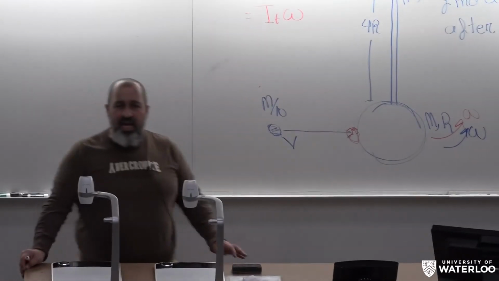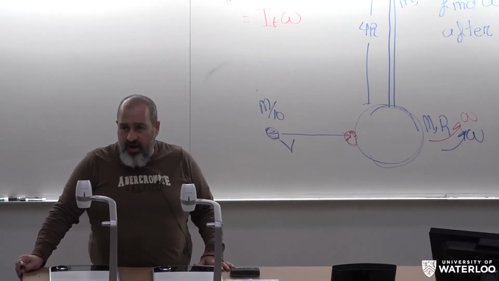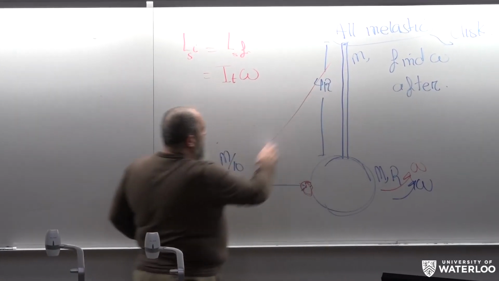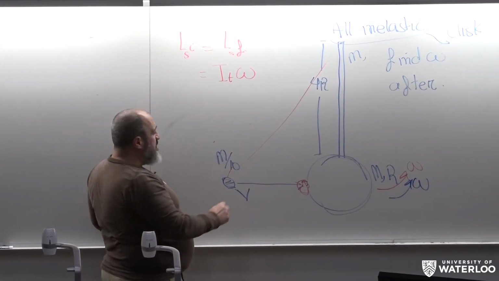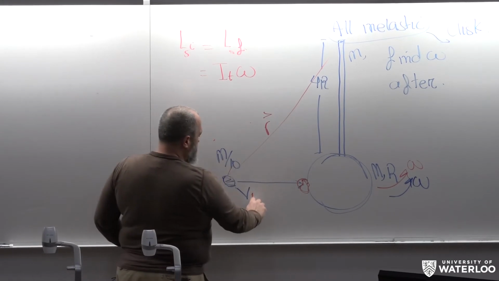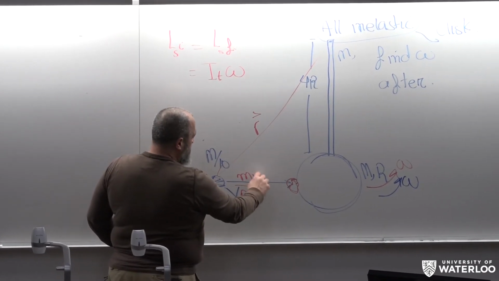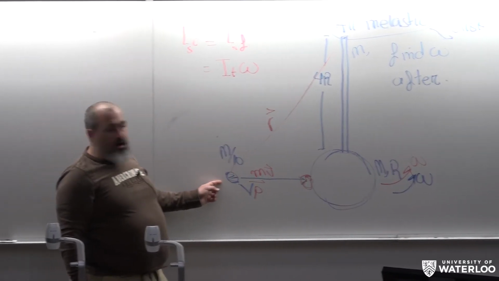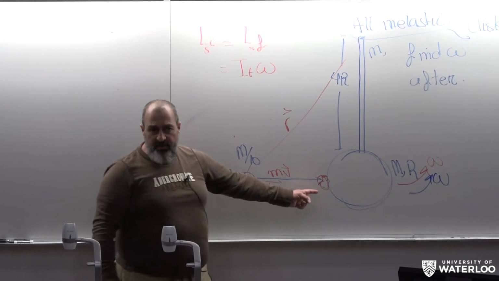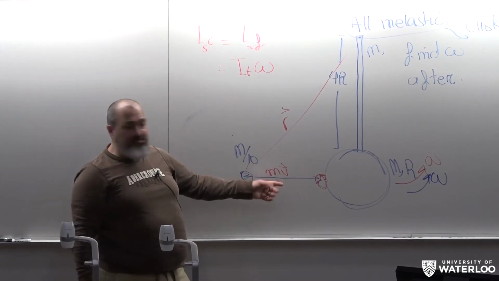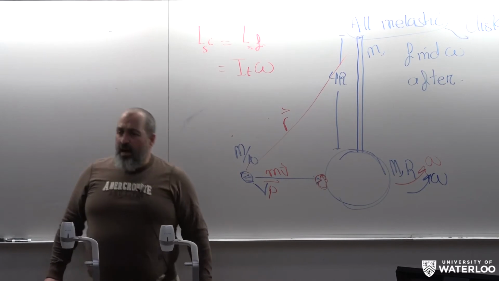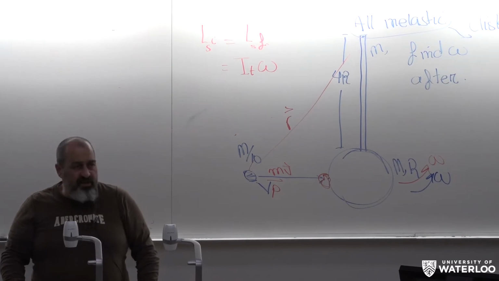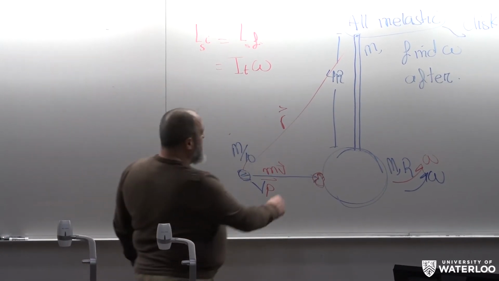Now, please drop your pens and pay attention to this part because L system initial is R cross P, right? If you have an object moving, this is R, this is P, and that's MV, going this way. Now, I could do it over there and create trouble for myself, or knowing that it's going to strike here at V, I can do it here. We're saying that this object will have that speed V when it strikes the disk or sphere, whatever it is. So we go here then.